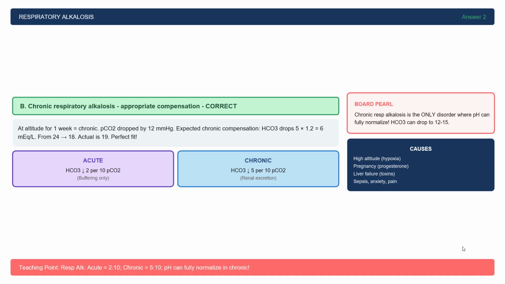So, common causes you should always think about include high altitude, pregnancy, liver disease, sepsis, anxiety, and pain, all of which can drive hyperventilation. So, the big takeaway here is acute respiratory alkalosis follows a 2 to 10 rule, chronic follows a 5 to 10 rule, and chronic causes can sometimes normalize the pH completely.